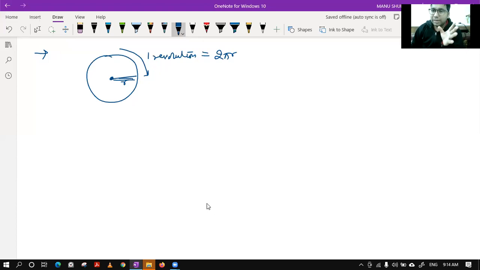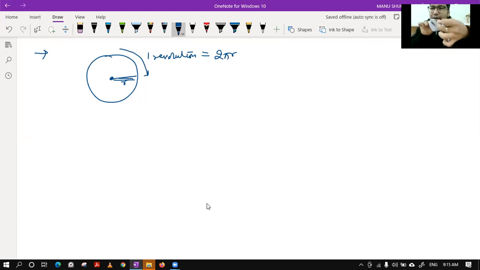The same thing that we have used for a cycle tire or a circle, we will use for the road roller. In the road roller, the tire is like a cylinder. Good.